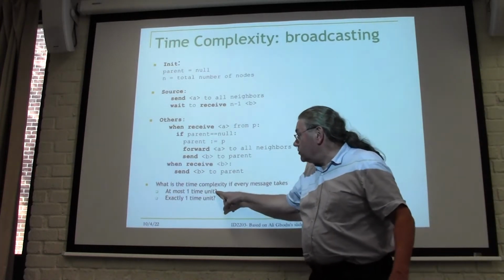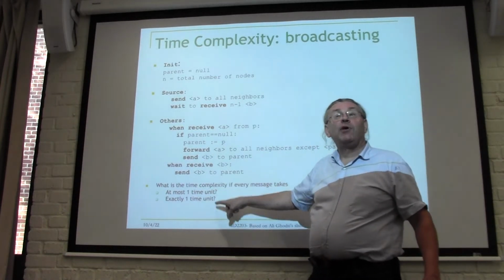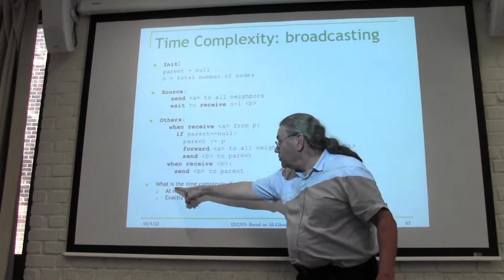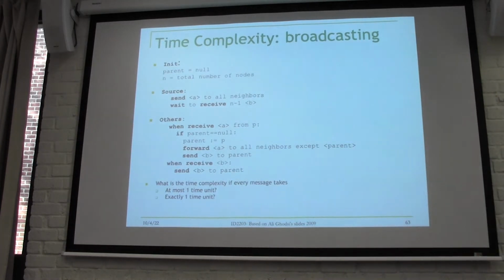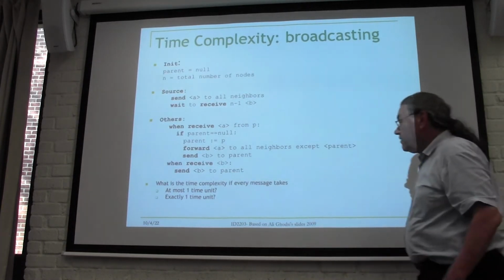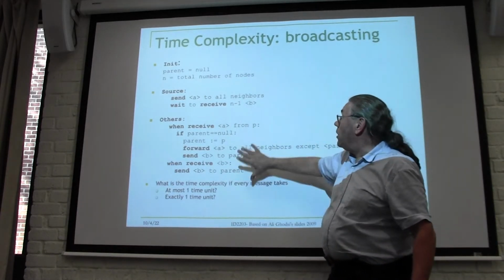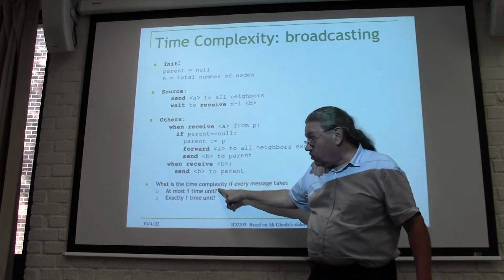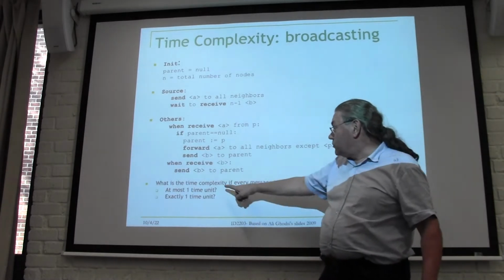If we allow messages to go faster, the algorithm runs slower. You see that? That's what I'm claiming here. I'm saying the at most time complexity, when we analyze this algorithm, is in fact strictly greater, depending on the topology. For particular graphs, it will be strictly greater than the exactly 1 time complexity. That seems a bit strange, no?